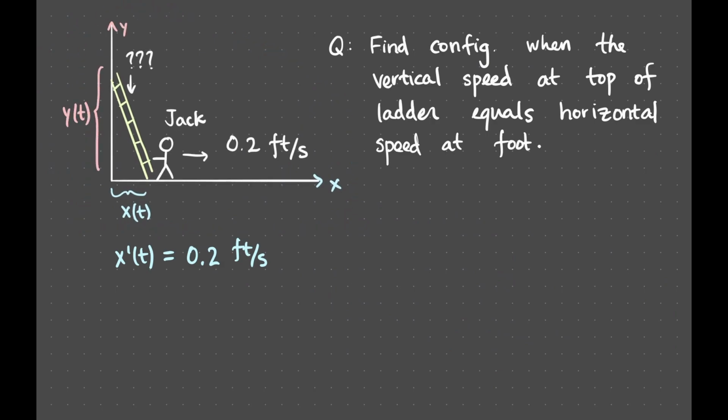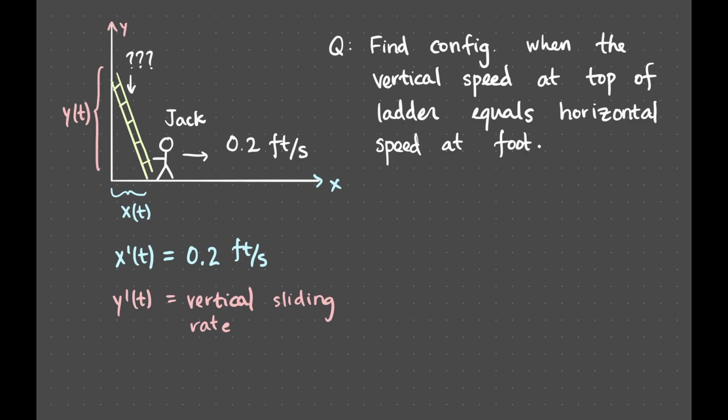Another quantity that's changing is the vertical height of the ladder, which we'll denote by y of t, and it too determines some rate of vertical sliding, which is y prime of t. The problem asks us to find the configuration of the ladder when the magnitude of y prime of t equals the horizontal rate of sliding, x prime of t.